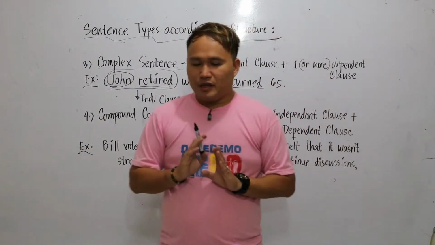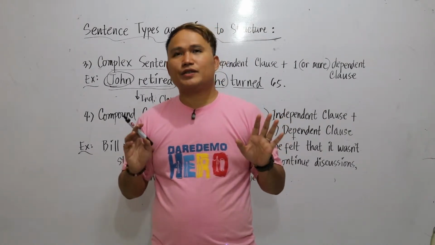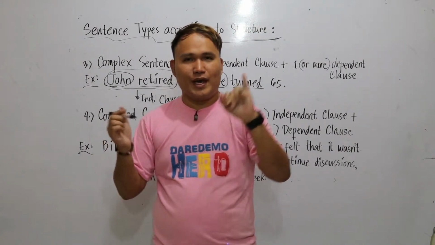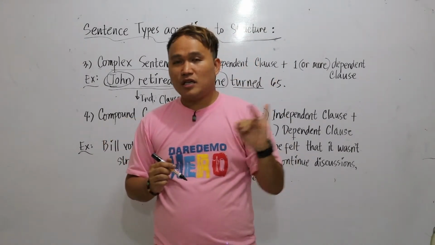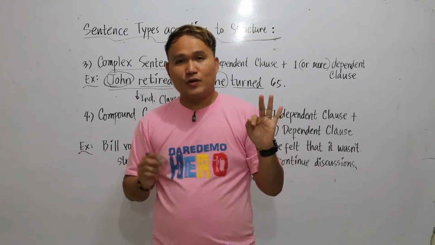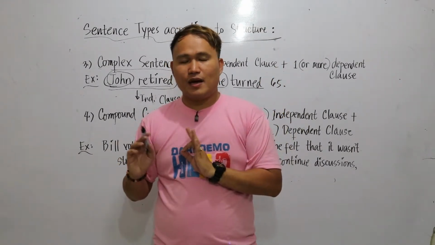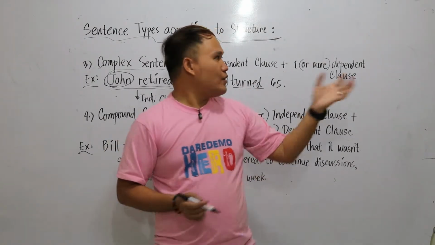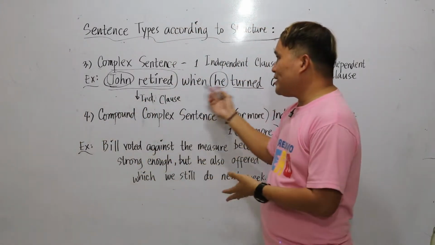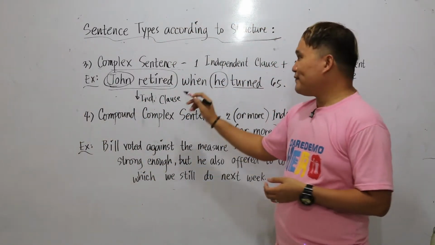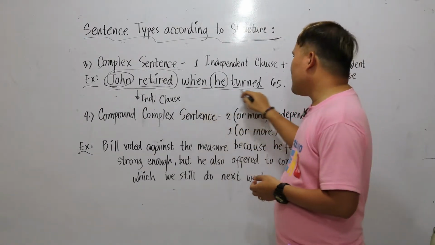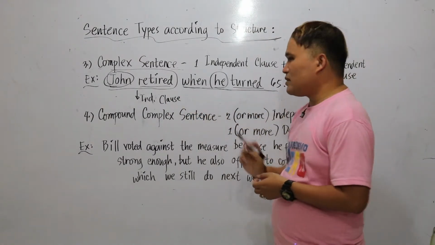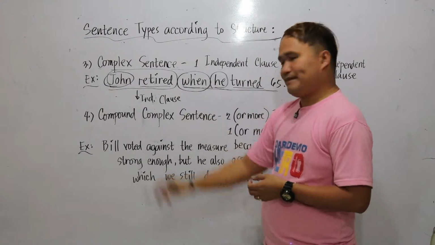Now, talking about dependent clauses, there are several types we can determine. Like we have adjective clause, noun clause, and adverb clause. Those are some types of dependent or subordinate clause. For the dependent clause in this sentence, we have "when he turned 65." This is the whole dependent clause. Why? Because of "when."